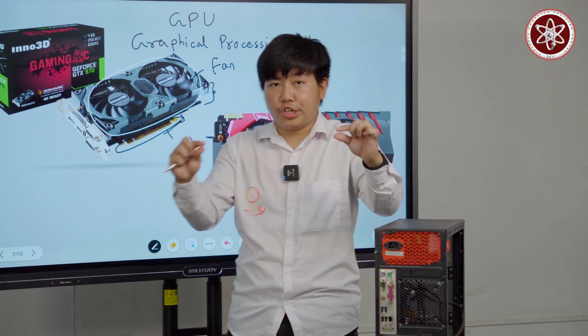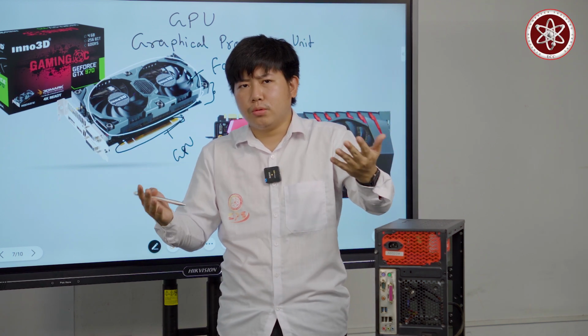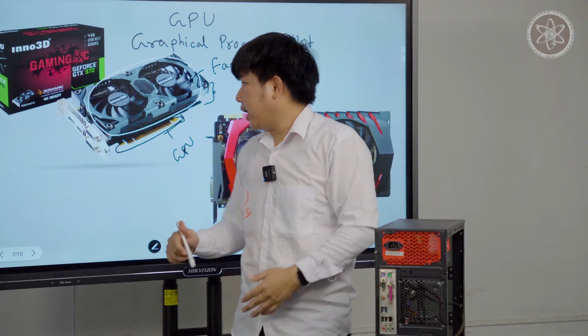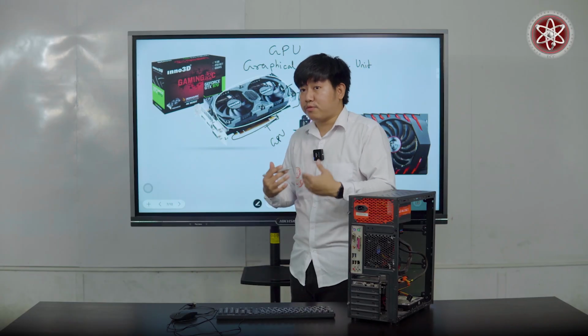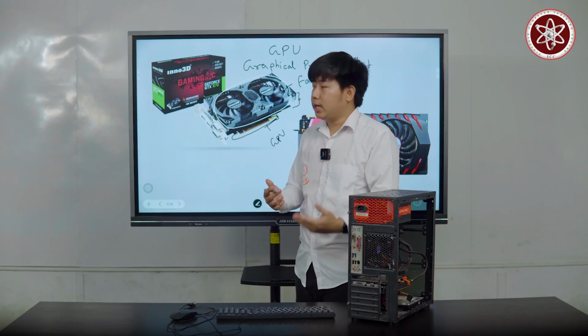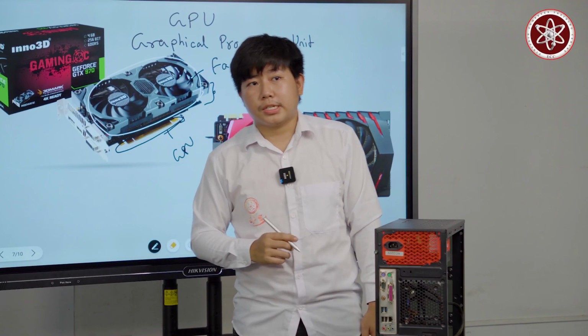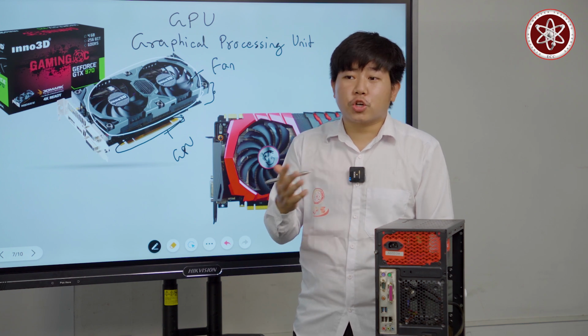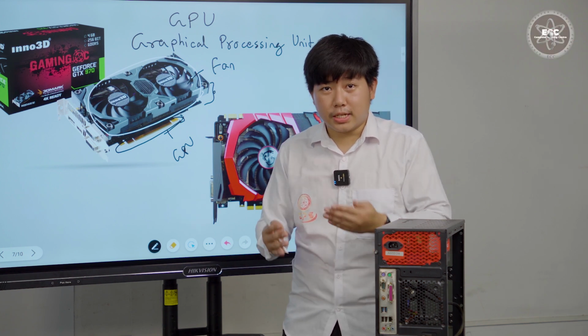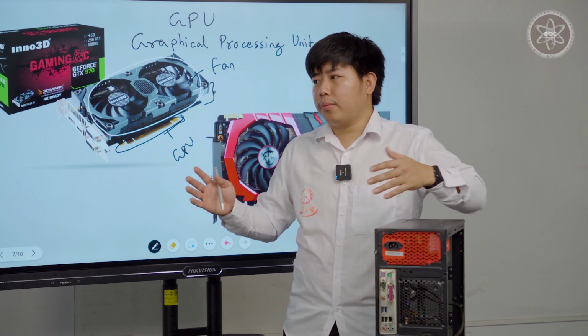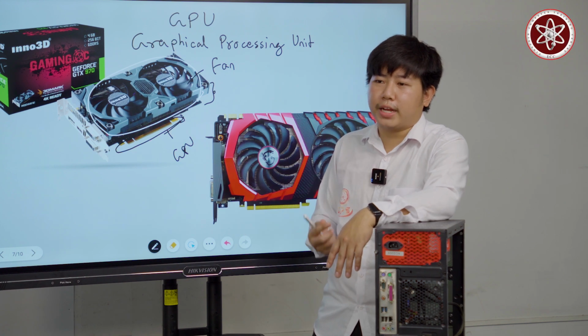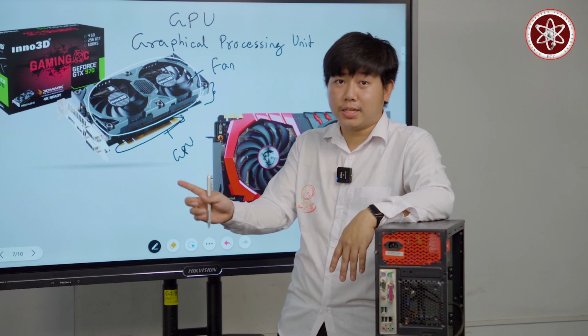GPU is just a small sheet like a CPU, like a motherboard, and it becomes very hot when we're using it. So we need to install a very big fan on it, and we're using the GPU to process the picture quality, the display quality. Let's say your monitor can provide 4K video with 144 Hz display.